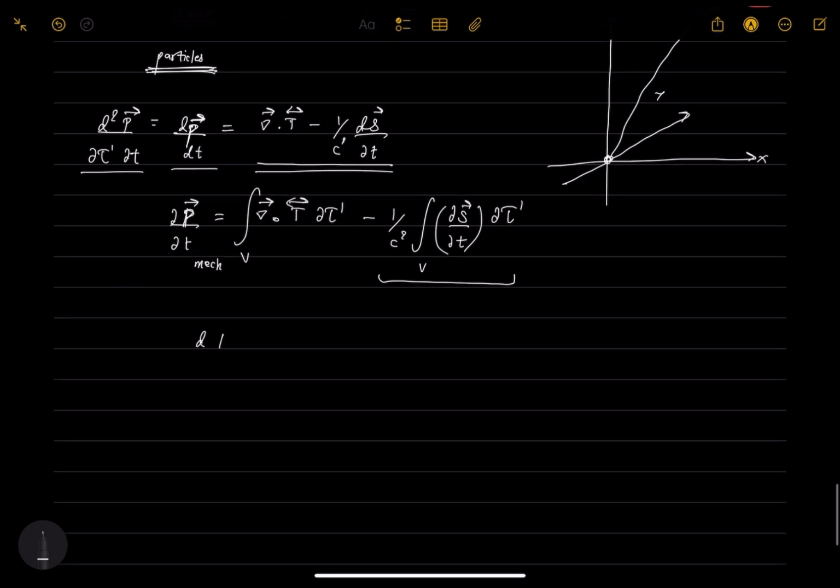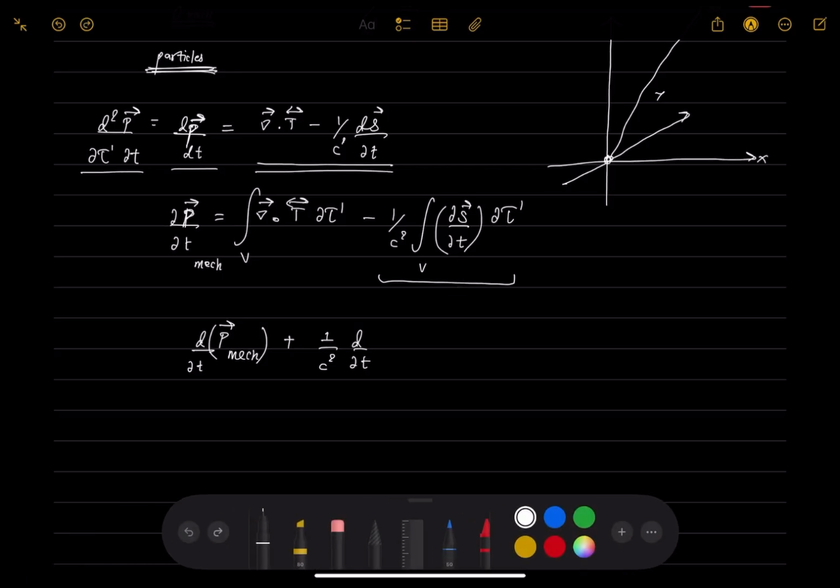So the total time rate at which the mechanical momentum changes plus 1 over c squared times the total rate at which, I can pull the time derivative out, since the time differences and the volume differences are independent.